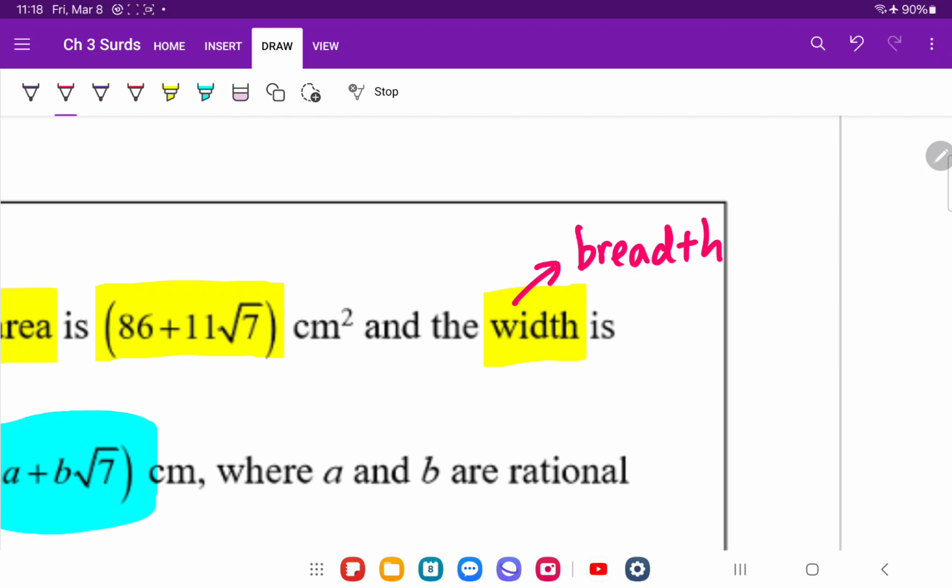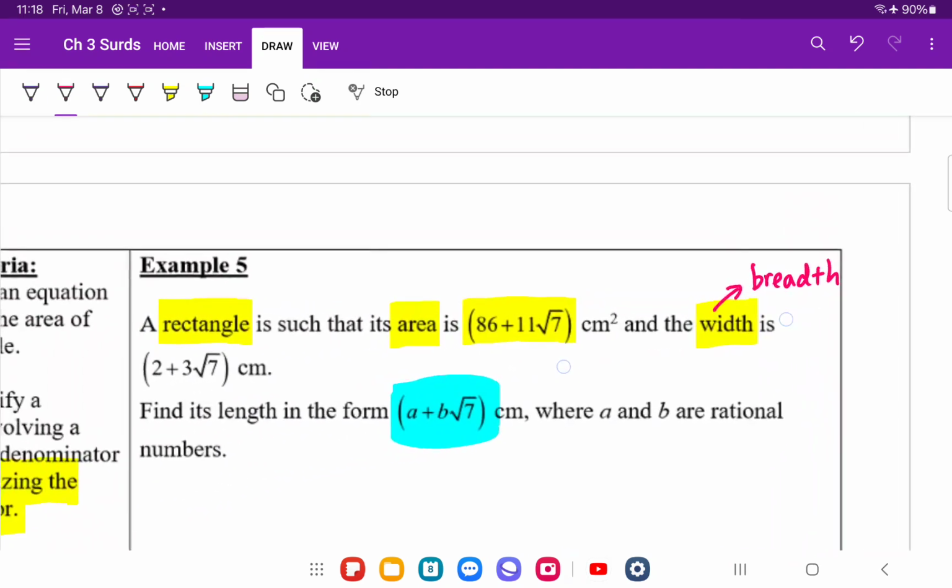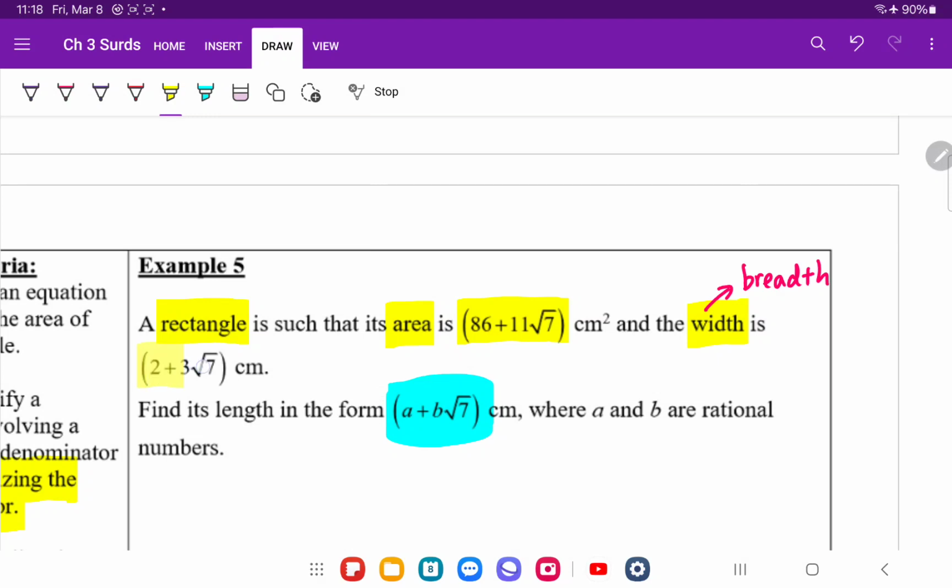So length times breadth. Okay? Now, the question says that the width is also given. So your job actually is to work backwards to find the unknown length. Now to do this, you need this formula. Okay? So let's write this down.